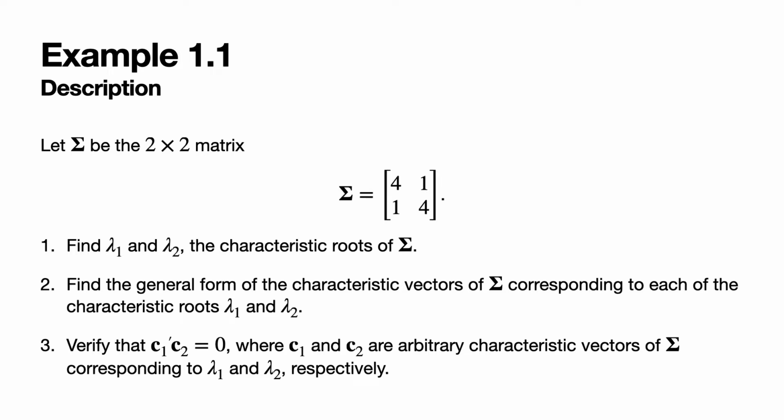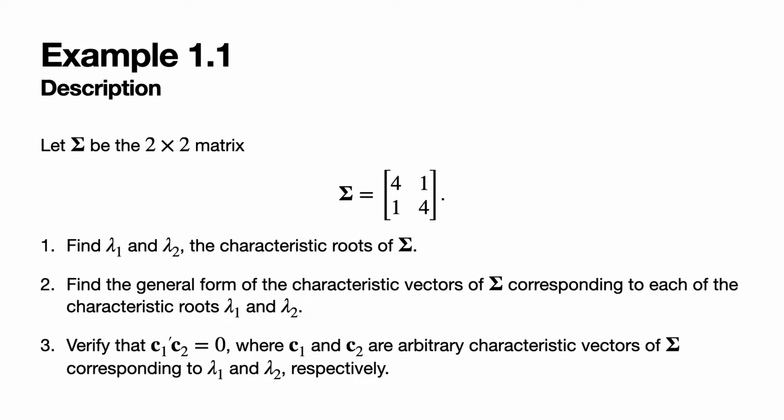The first of which is to find lambda 1 and lambda 2, the characteristic roots of cap sigma. We'll then find the general form of the characteristic vectors of cap sigma corresponding to each of the characteristic roots lambda 1 and lambda 2.